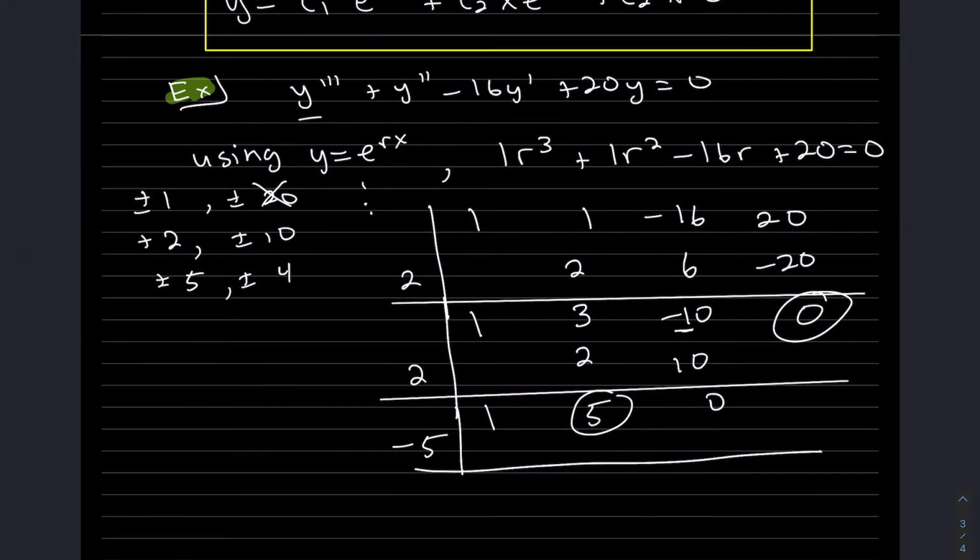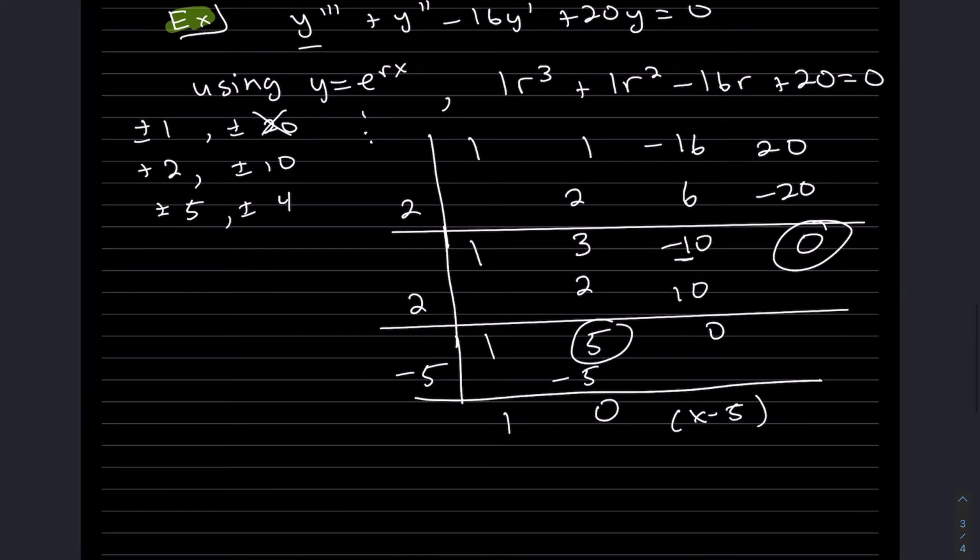So minus 5 works. You can see it's x equals 5, actually positive 5. They're both positive, it'd have to be a negative times a 5. It'd have to be a negative 5 because they're both positive. 1 down, minus 5, 0. There we go. Be careful with that. Oh, that's x plus 5. Those two.